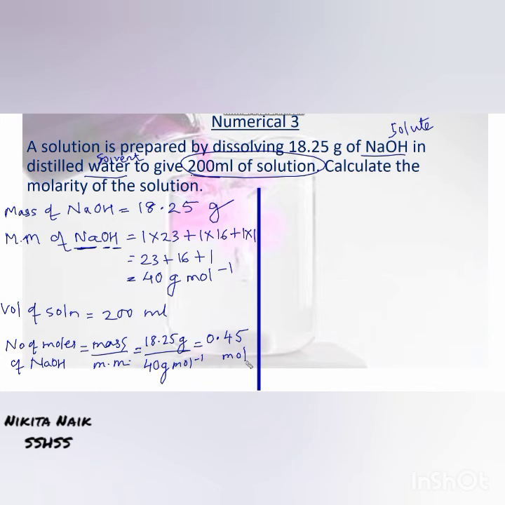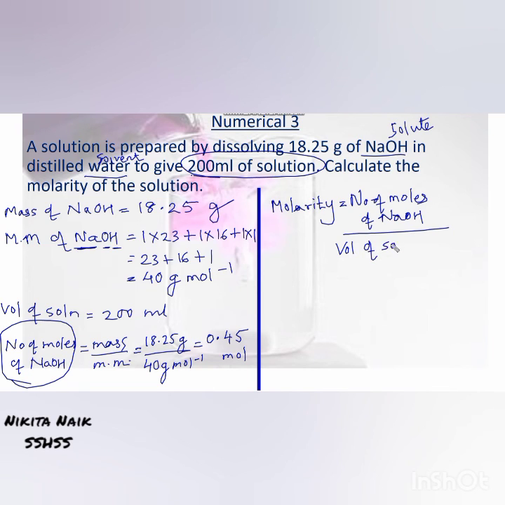Now we got number of moles of NaOH. We also have volume of solution with us. Hence we can find out molarity of the solution, which will be equal to number of moles of NaOH divided by volume of solution. Now this is given in terms of ml.